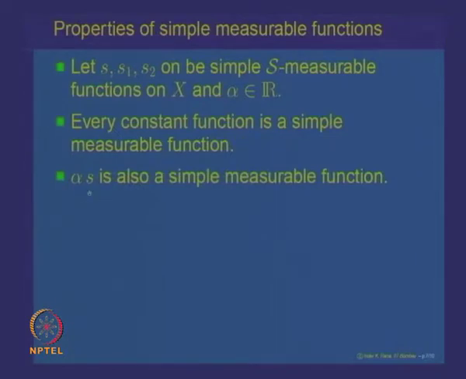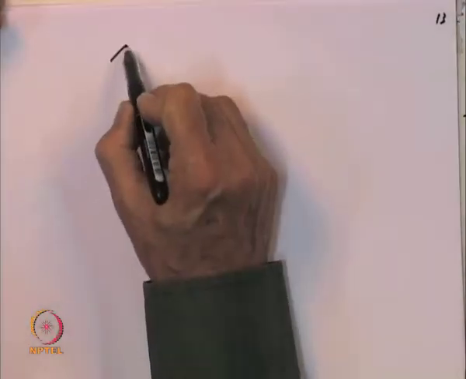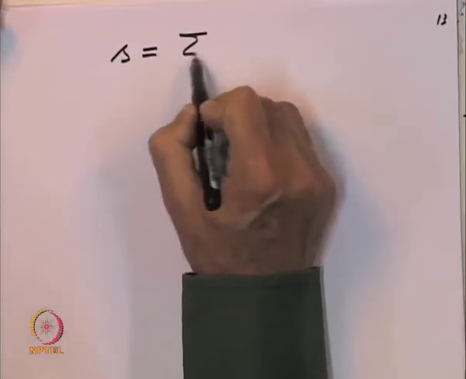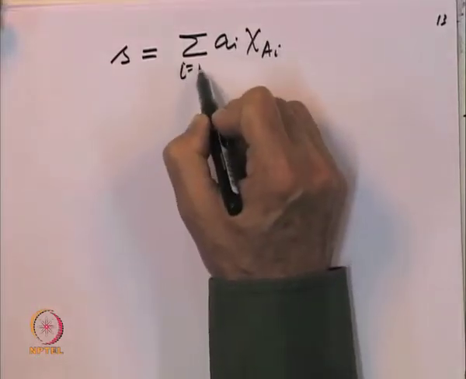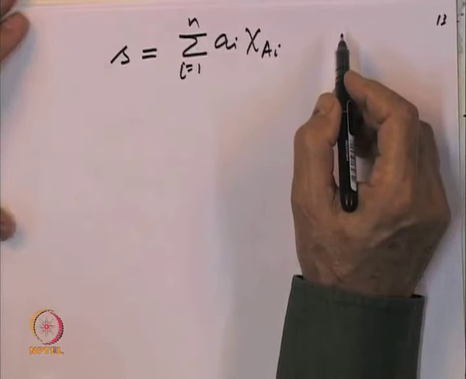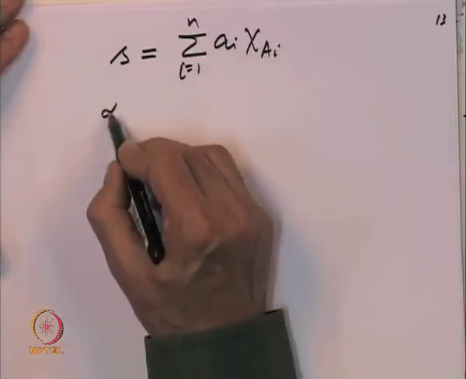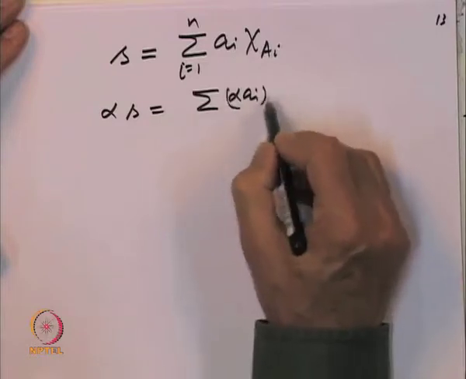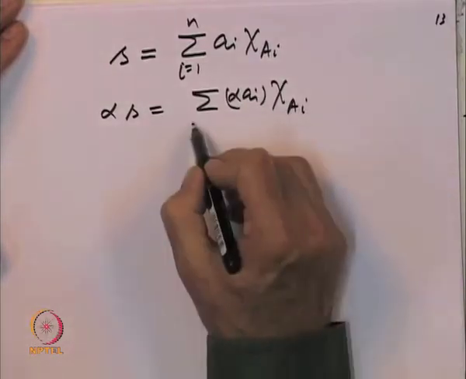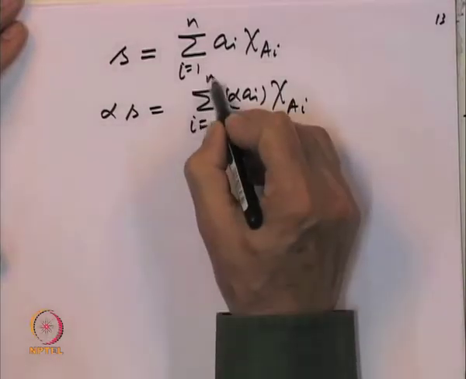So, every constant function is simple measurable, because it is a constant multiple of an indicator function. Alpha times a simple function is also a simple measurable function, because if a simple function s is equal to the summation of a_i chi of A_i, i equal to 1 to n, then alpha times s is equal to the sum of alpha a_i times chi of A_i, i equal to 1 to n.